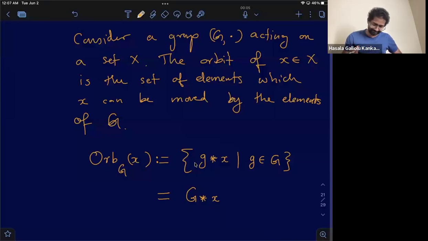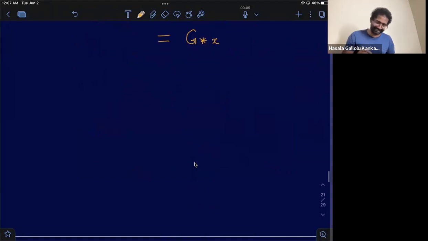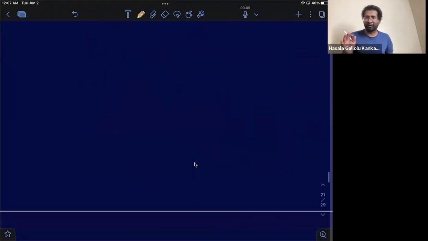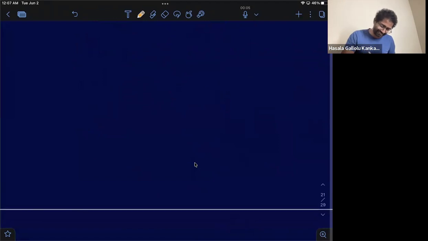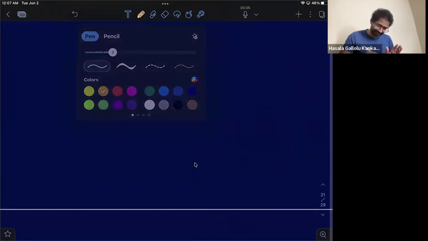Now, let me draw a quick picture so that we can clearly see what this orbit really means. The picture is something that we revisit.